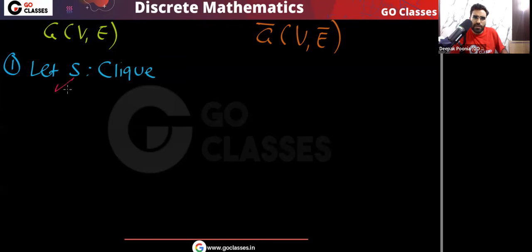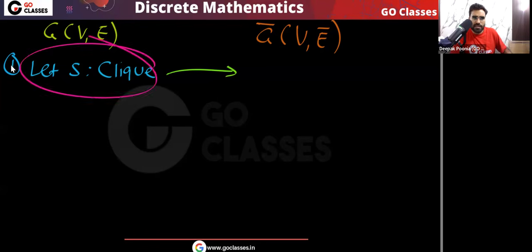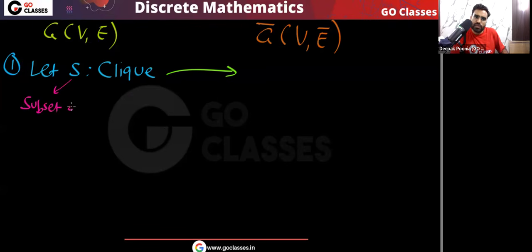It means every two vertices of S are adjacent. So tell me what will happen in G complement. In the graph G, S is a clique. S is a subset of vertices which are pairwise adjacent.